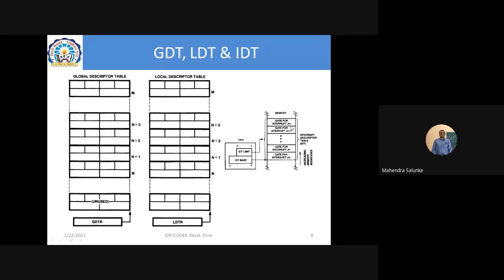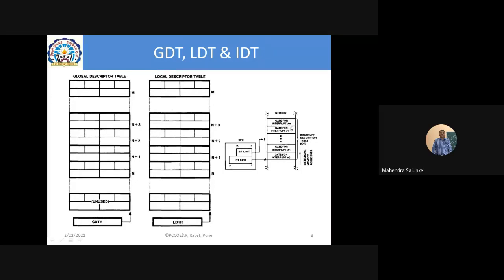Can anyone immediately tell me what will be the maximum value of n in the case of the IDT? In the last slide only I discussed it.